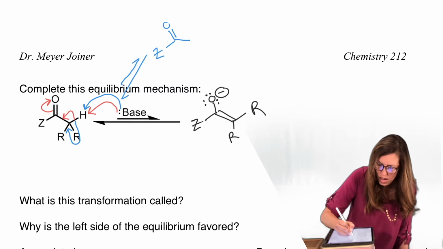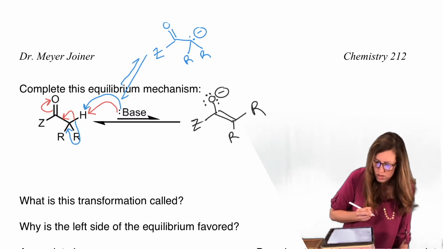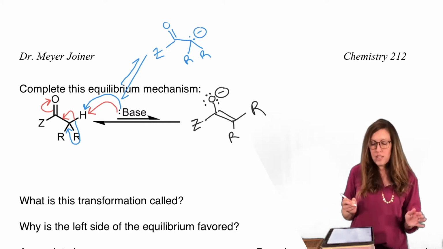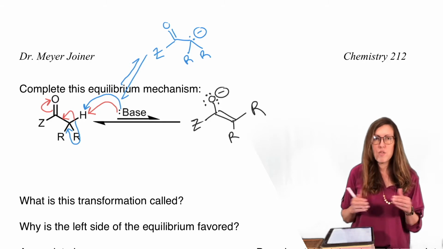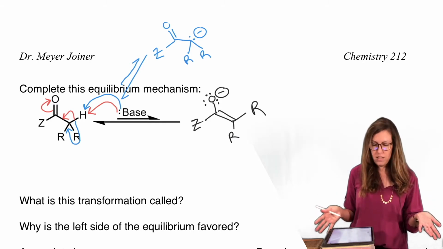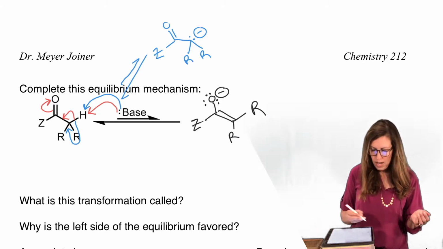Now that would be the alpha carbon, an anion now. That's exactly what we did before. So you are going to see that first step represented either the red way or the blue way, and both are correct. The red way is this one.